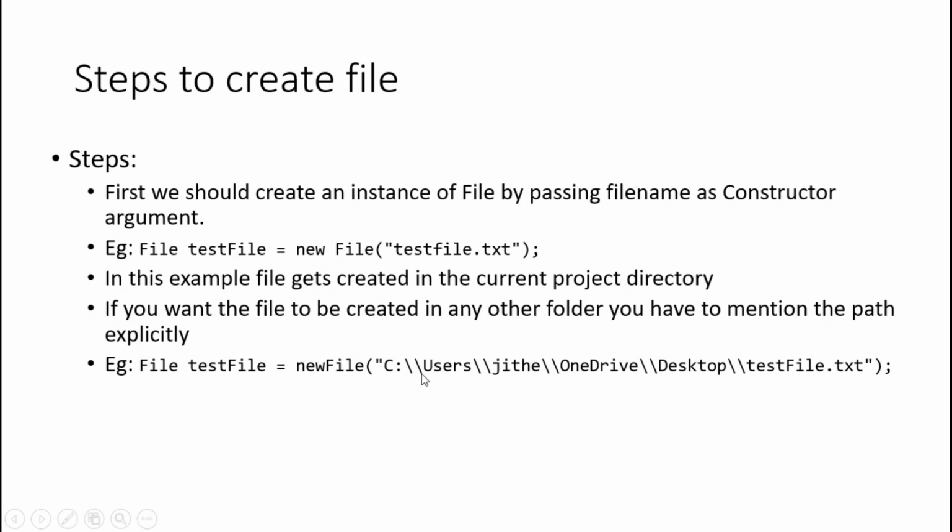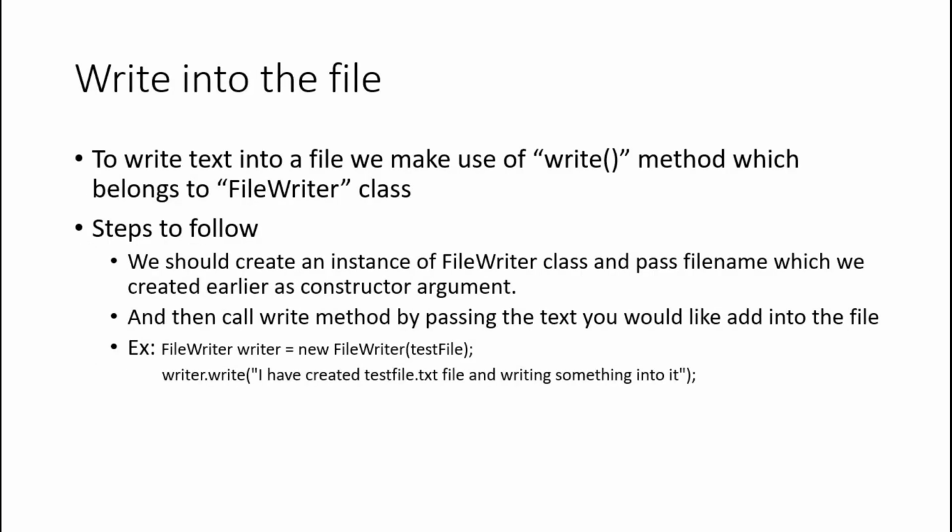Next, let's see how to write content into the file which we have created. For that we make use of the write method, which belongs to the FileWriter class. The steps we follow to write something into the file: first, we need to create an instance of the FileWriter class.